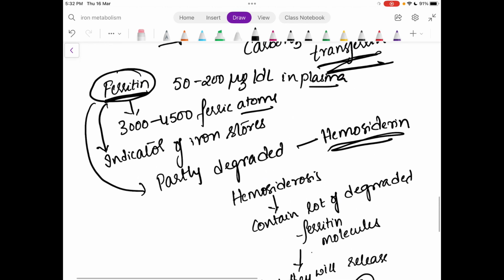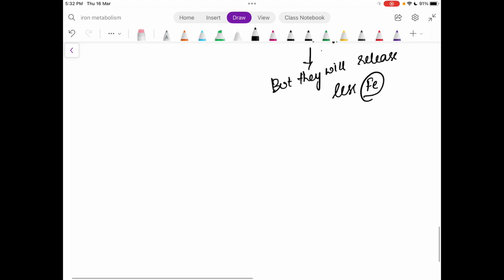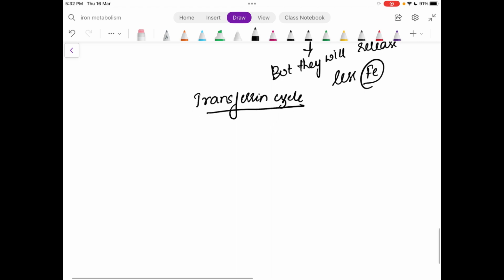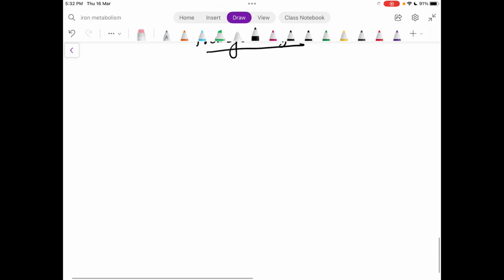This is about ferritin. Now, after iron is taken up by transferrin, it has to be transported to the tissues. Then what will happen at the tissue level? We call that cycle the transferrin cycle. What happens in the transferrin cycle?